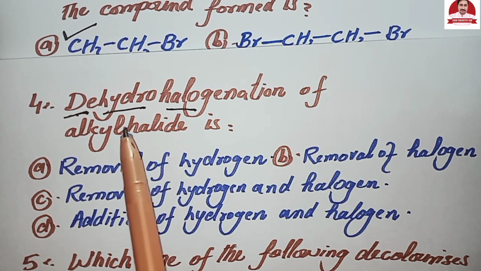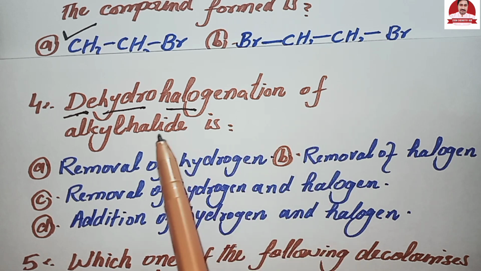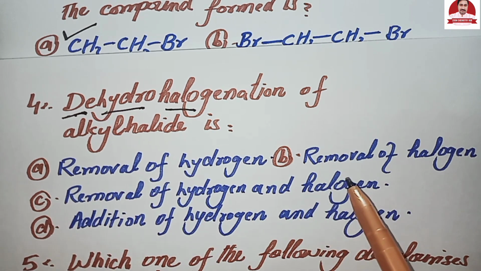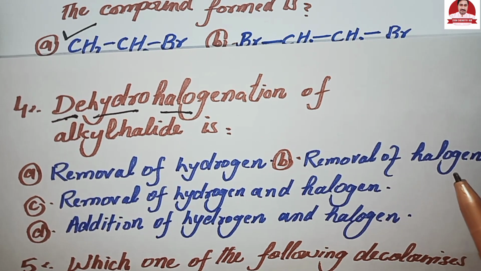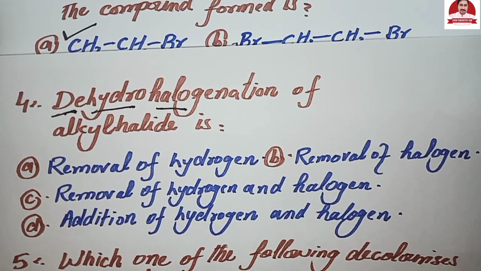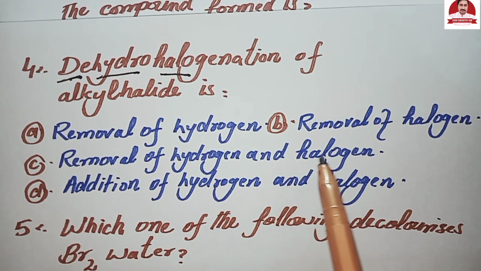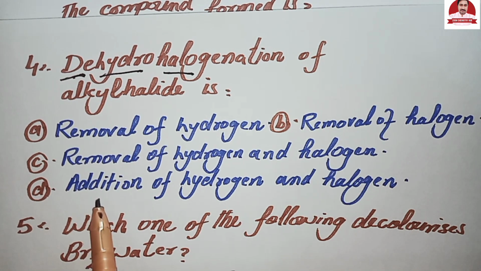So in the dehydrohalogenation of alkyl halides, the options are: the removal of hydrogen, the removal of halogens, the removal of hydrogen and halogens, and the addition of hydrogen and halogens.